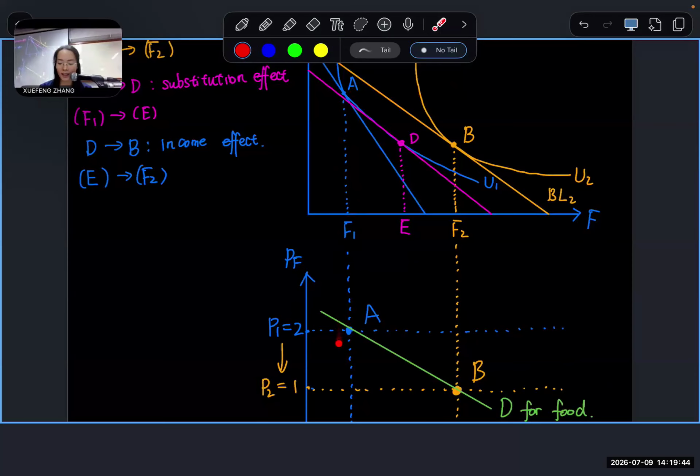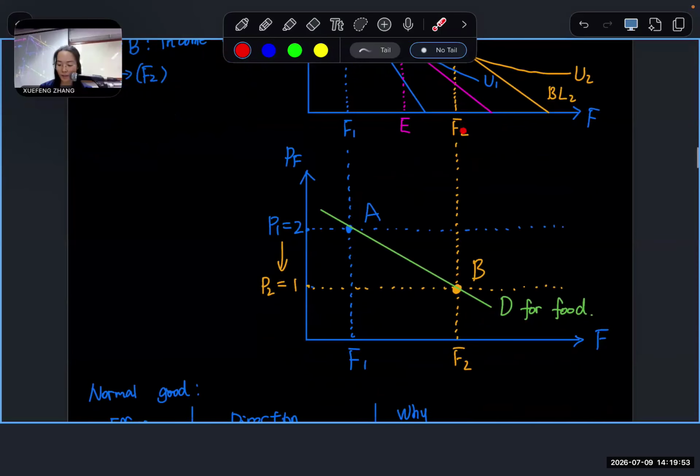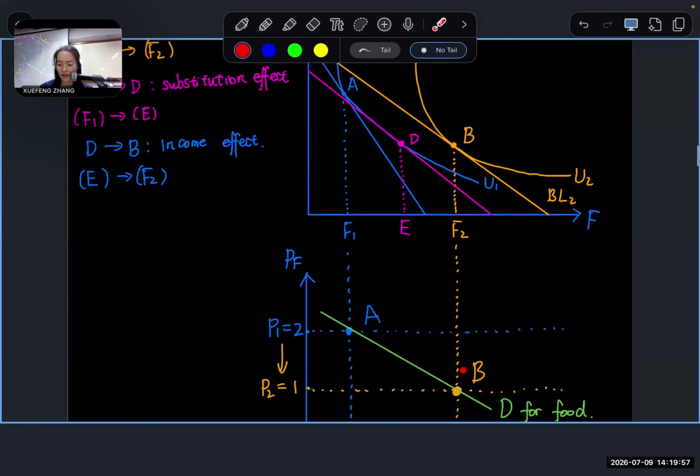Point A is here, with the same F1, the same quantity demanded for food. And then this is point B, this is F2. So the pink line, what is the pink line here? Remember, what is the pink line here?